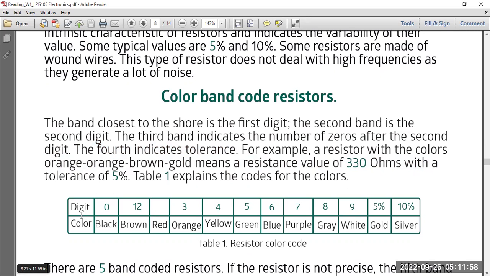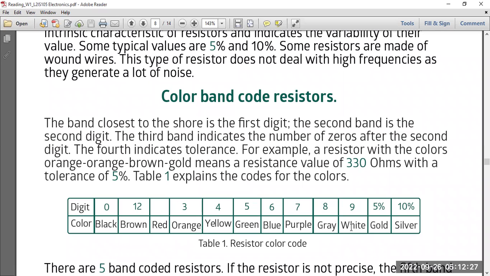If I start with the colors, the first one is black, brown, red, orange, yellow, green, blue, purple, gray, and white. So these are the 10 colors. The digits assigned are 0, 1, 2. This 2 is misprinted. This 2 is actually on the red. And going through 0 to 9, it is white.